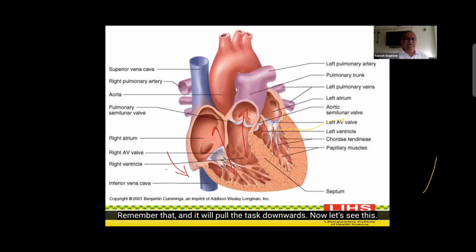Now let's see this. Where am I drawing? So inside the ventricle, there is blood. Correct? This blood which is inside has got some pressure by itself. When the ventricle muscles contract, there will be a force created.